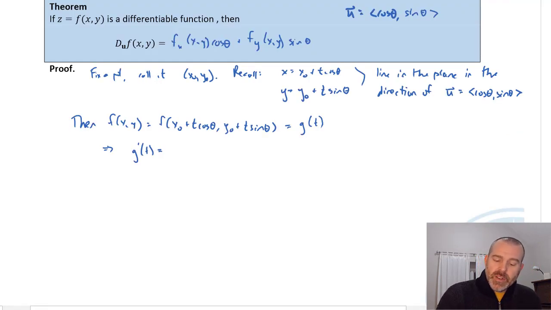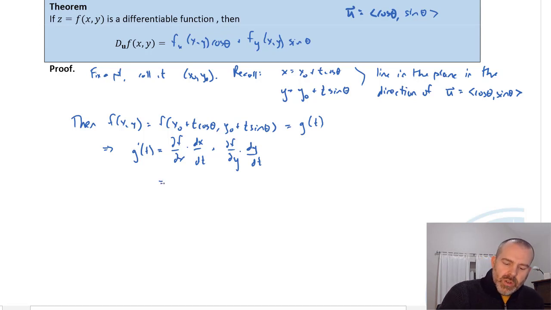Of course, f is a function of x and y. So this would be the partial derivative of f with respect to x times the derivative of x with respect to t, plus the partial derivative of f with respect to y times the derivative of y with respect to t. And so let's just use the subscript notation for the partial derivatives.